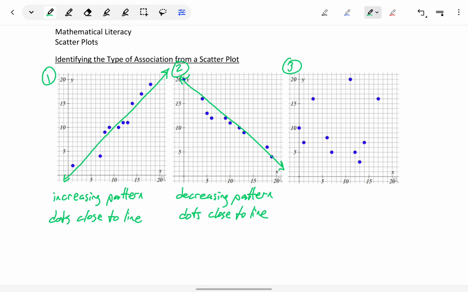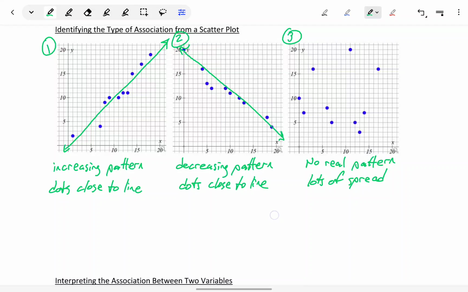There's some increase, there's some decrease, but it jumps back and forth. Especially compared to graphs 1 and 2, in graph 3 there's no real pattern. They're not clearly increasing or decreasing. There's lots of spread. So we don't have the same kind of behavior that we're seeing in graphs 1 and 2.